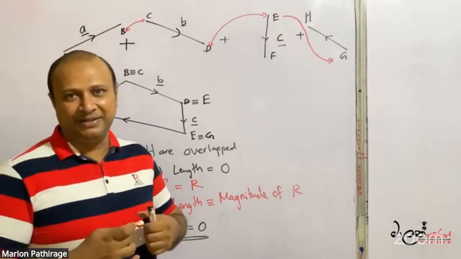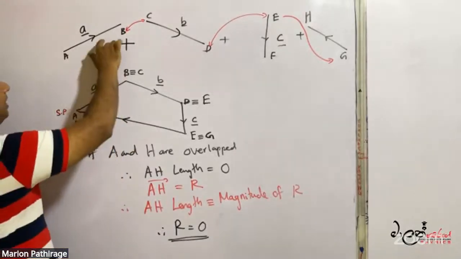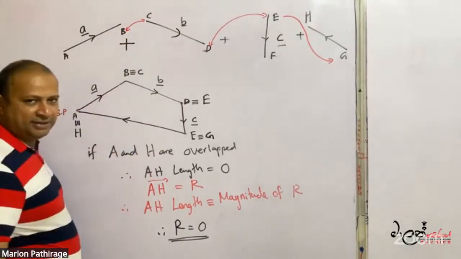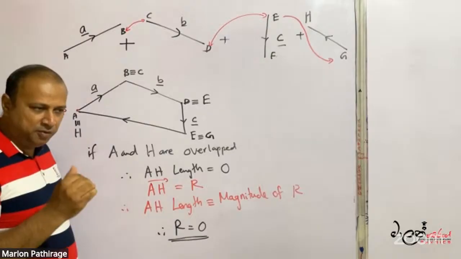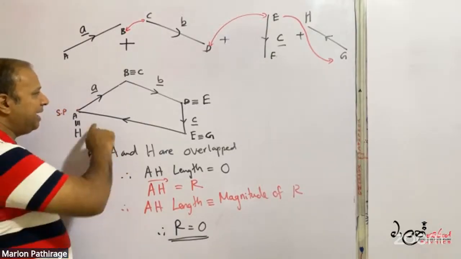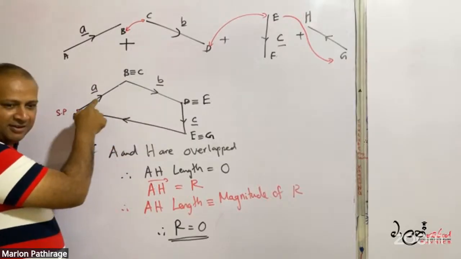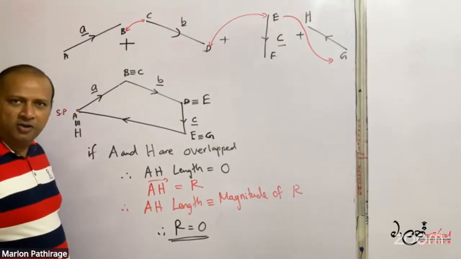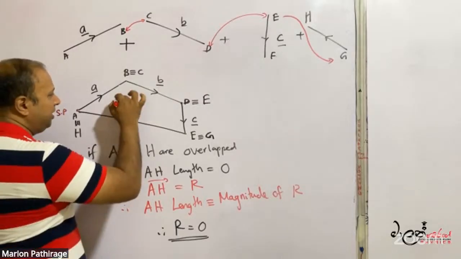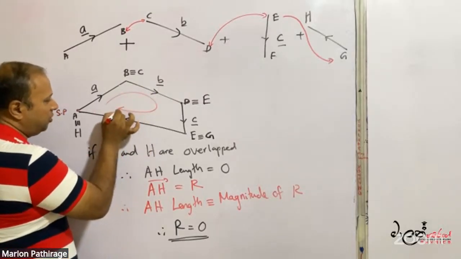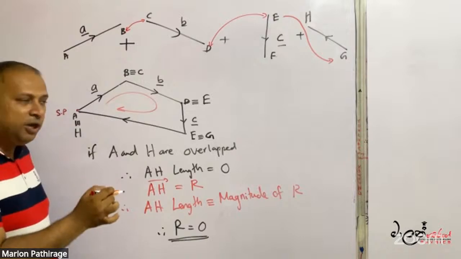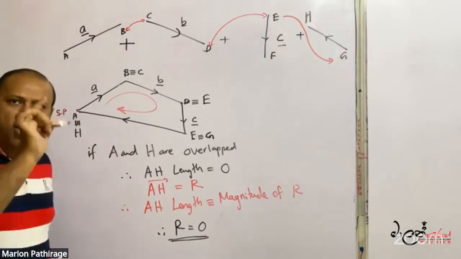Look at this one. If you are adding a vector system using the vector addition principle, and you get a closed loop, now this loop is closed.